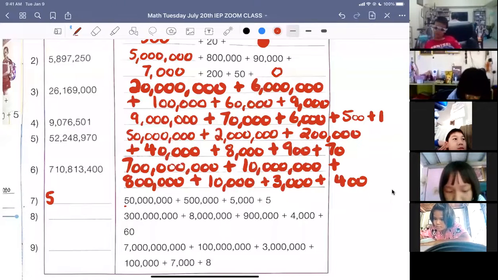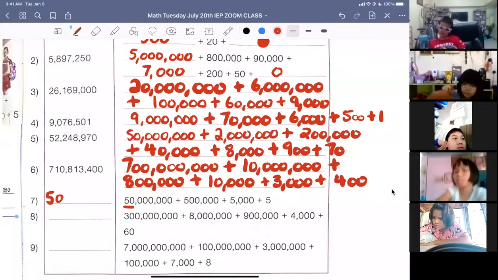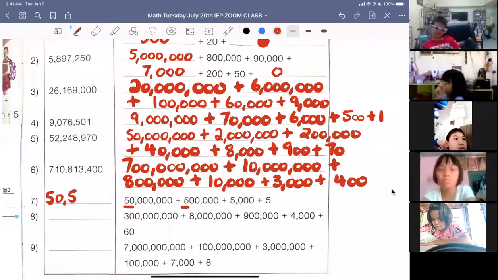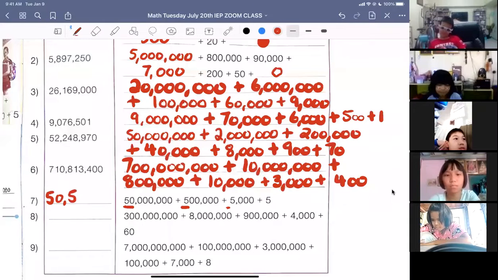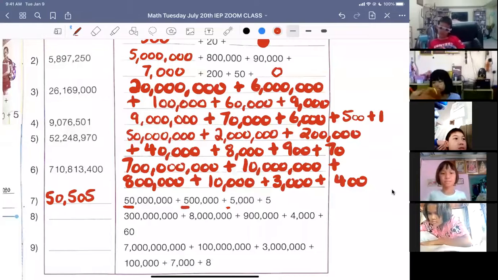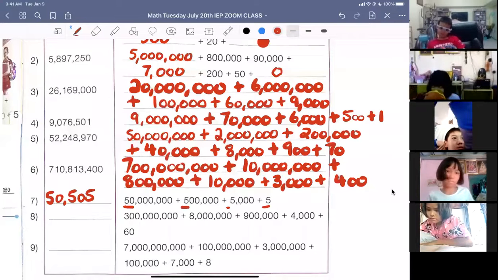Next, we have 500,000. And then next we have 5,000. And then the last one, we have 5.